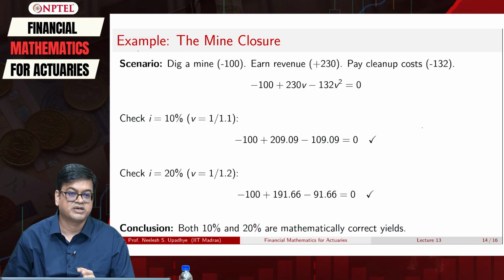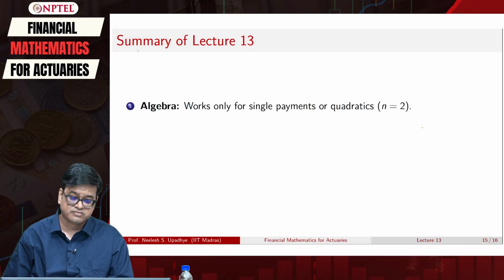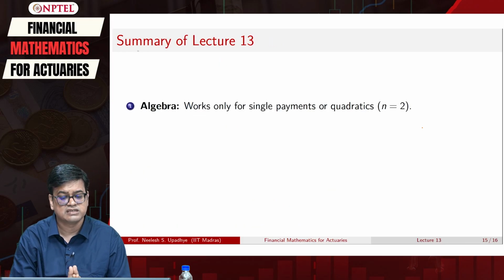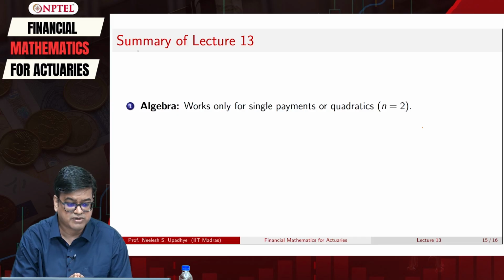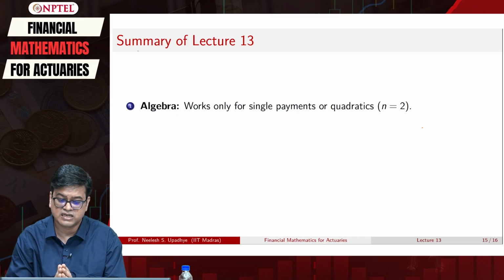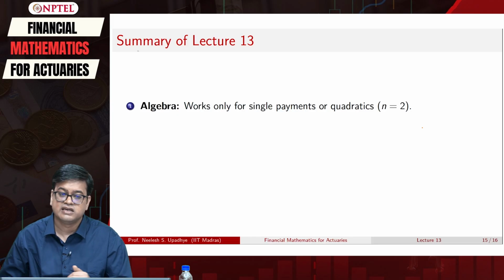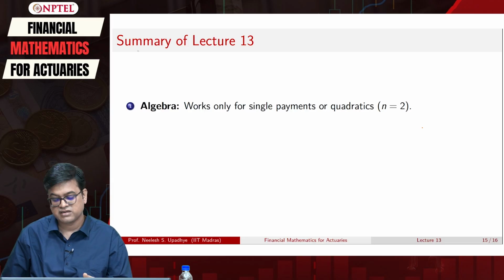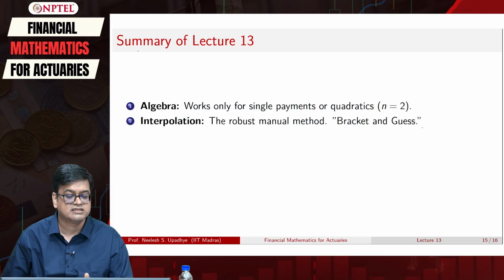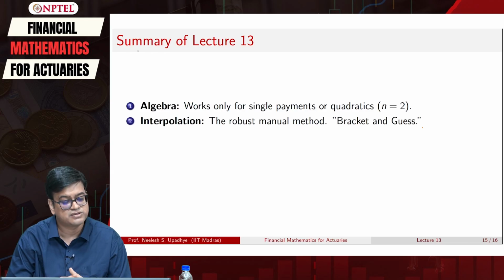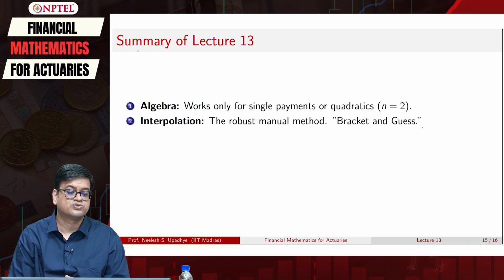Therefore, let us summarize this lecture. First, we have seen that algebra works only for a single payment or quadratics. In real life, the situation is much more complex than n equal to 2, so we need robust manual methods.